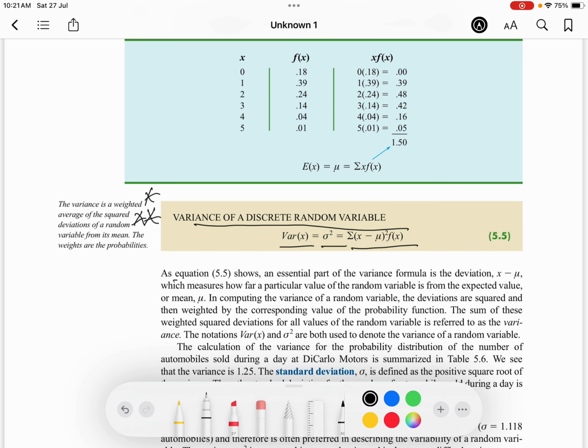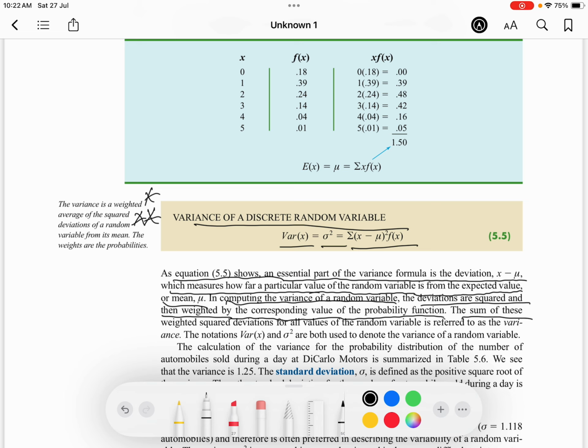In equation 5.5, an important part of the variance formula is the deviation x minus mu, which measures how far a particular value of the random variable is from the expected value, or mu. In computing the variance of a random variable, the deviations are squared and then weighted by the corresponding value of the probability function.